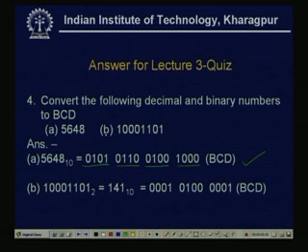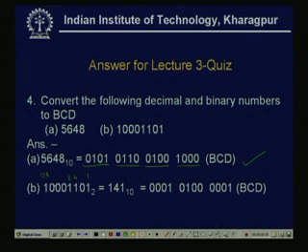Now, part B is a binary number that is already given: 100001101 in binary. What is the decimal equivalent of this? This is 1, 4, 8, 16, 0 into 16, 0 into 32, 0 into 64, and 1 into 128.